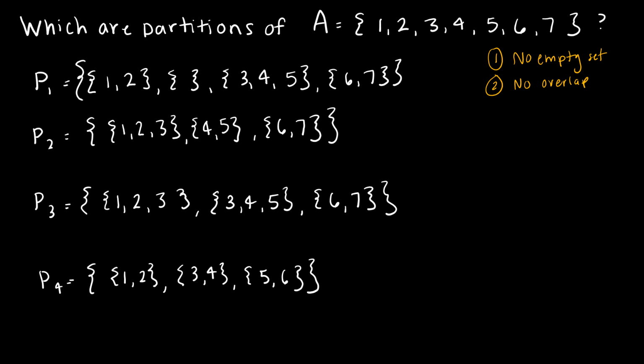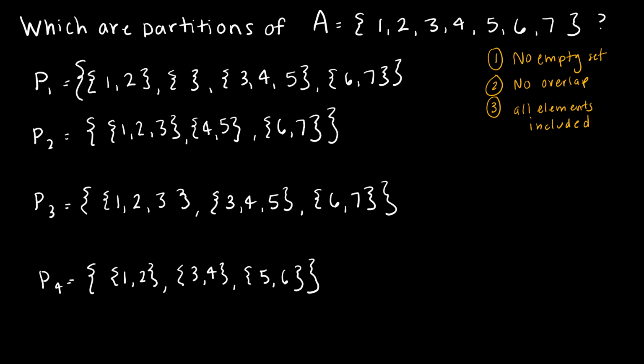We're saying that the intersection of the sets must be the empty set, but essentially that means no overlap. And is the union the entire set, so all elements included? So these are the things that I'm going to check for each of these possibilities. And I'm just going to write a yes or a no next to them, whether they are partitions or not.